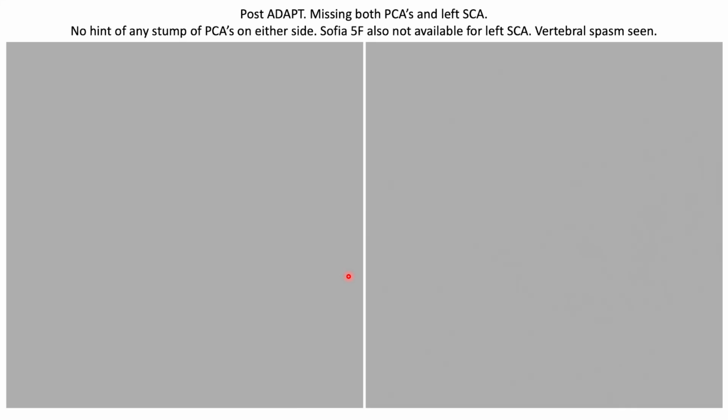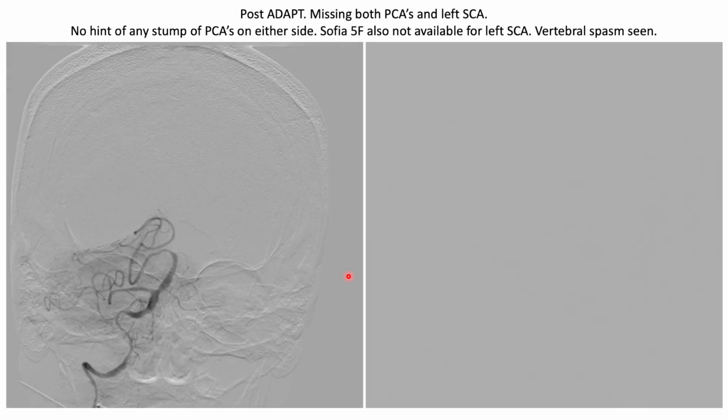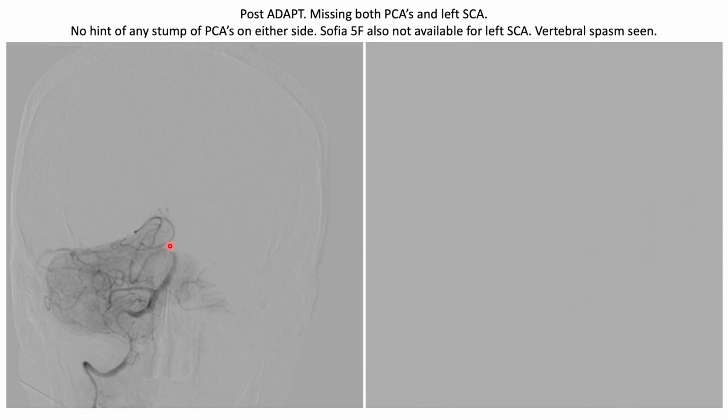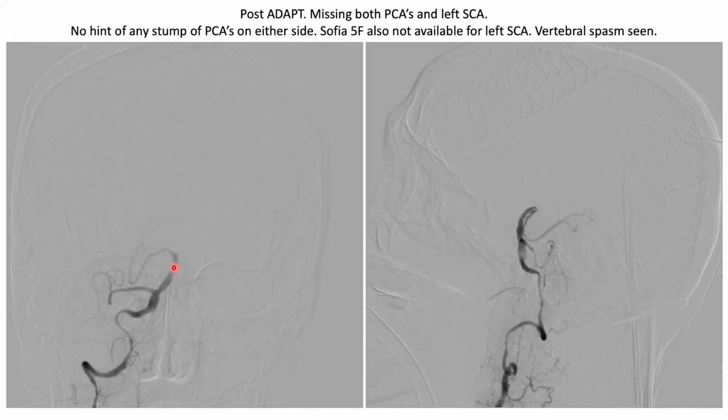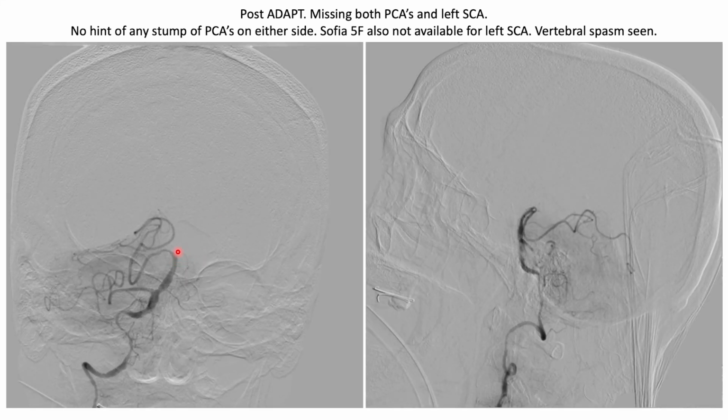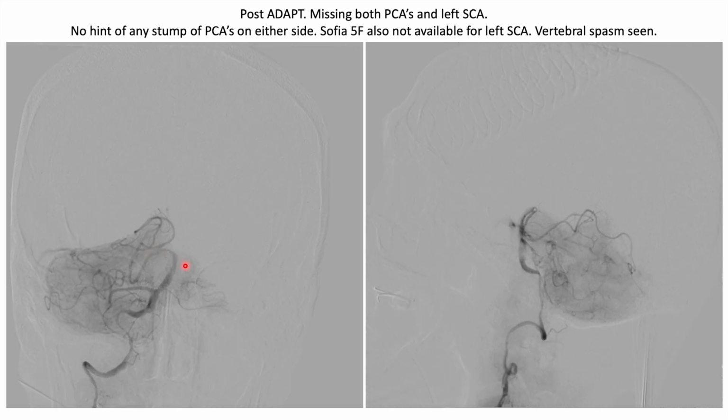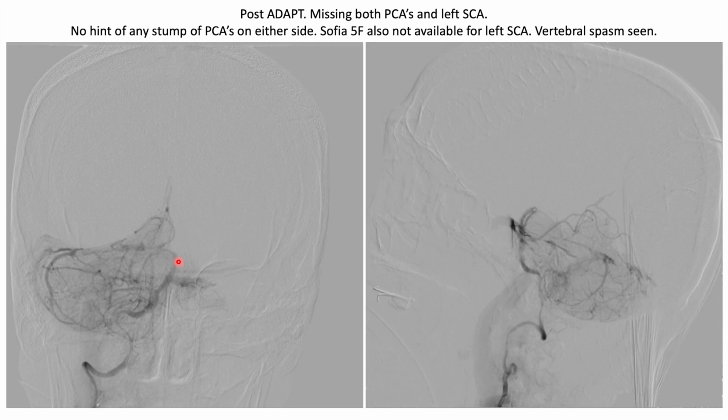So I've done an ADAPT, and this is the post-ADAPT image. We can see a right-sided superior cerebellar artery coming here, but the left superior cerebellar artery is missing, and the two posterior cerebral arteries are missing as well. I don't see even a hint of posterior cerebral arteries there.